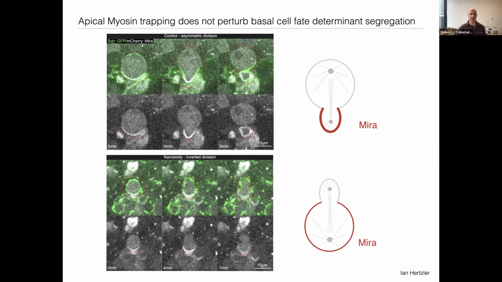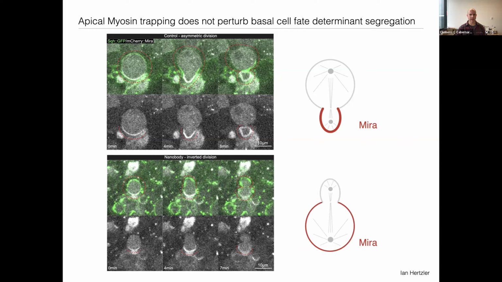Even if we happen to invert these divisions, as shown in this example, where a neuroblast is undergoing an inverted division, Miranda, the basal cell fate determinant, still segregates nicely into, in this case, the larger basal cell. So intrinsic polarity is not changed, although we change sibling cell size asymmetry, so we uncouple polarity from cell size.